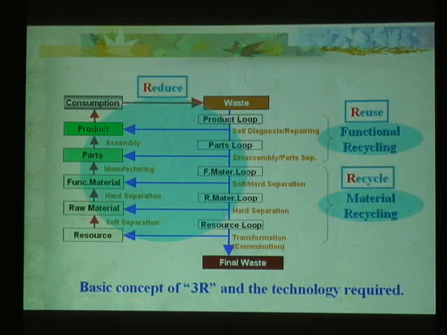This is the basic concept of 3Rs and the technology required in each step. Let us start with natural resources. Natural resources can be turned into raw materials by several recirculation technologies, and functional materials can be produced from the raw materials.